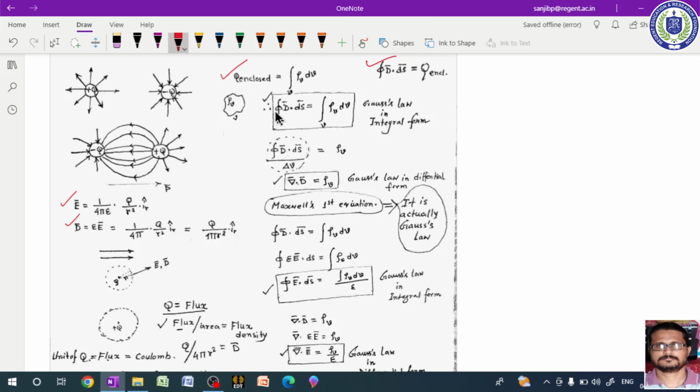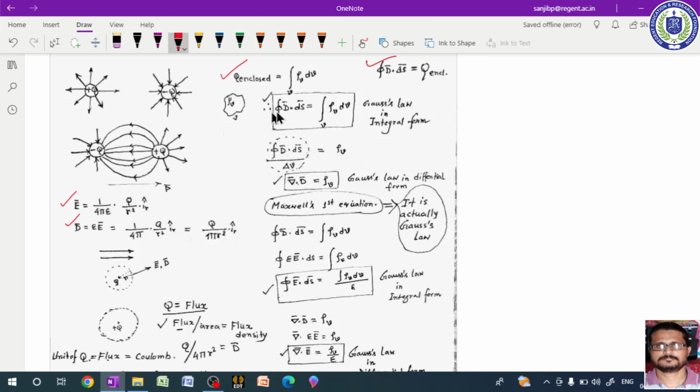First thing, write: from the theory of Gauss's law, we know the total charge inside a particular volume will be equal to the total flux which will come out from that surface.